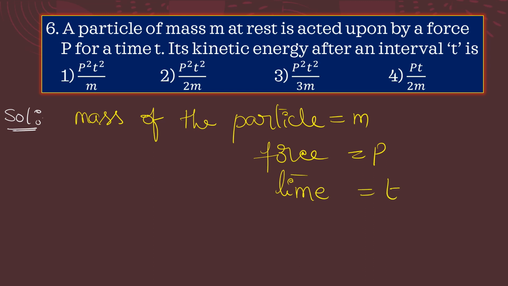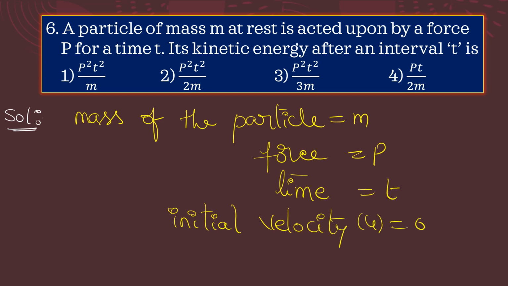Here in this question the particle is at rest. At rest means its initial velocity is equal to 0. Initial velocity is u, so u is equal to 0. As you know, from Newton's second law of motion, F is equal to ma.